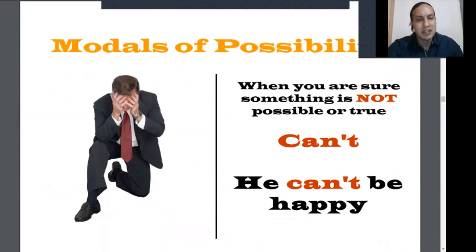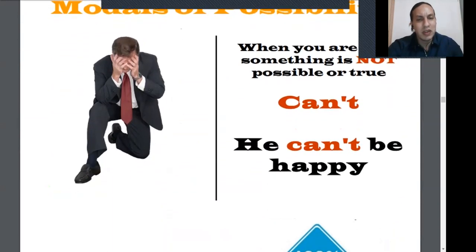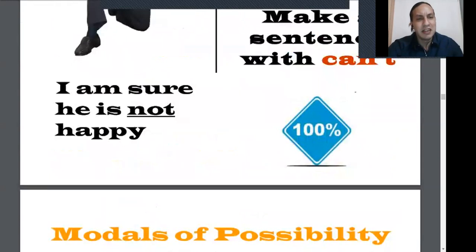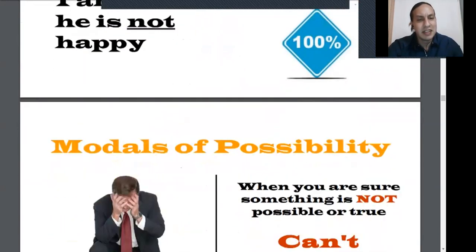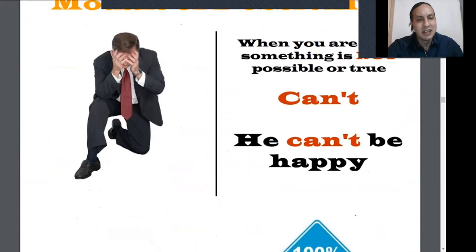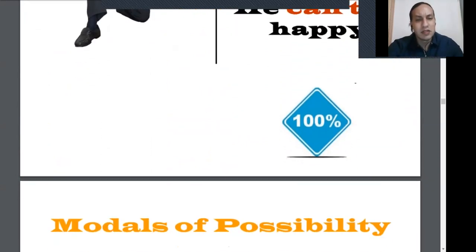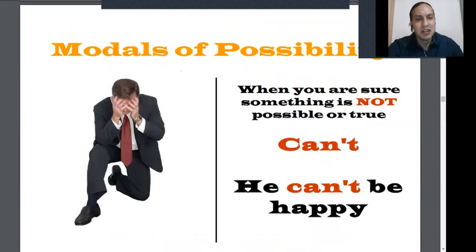See what sentence he goes with, with can't. So you can see here, I'm sure he is not happy. Same type of sentence, different words, but it's the same expression. He can't be happy. Of course, it's 100% certainty because nobody that looks like that is happy.